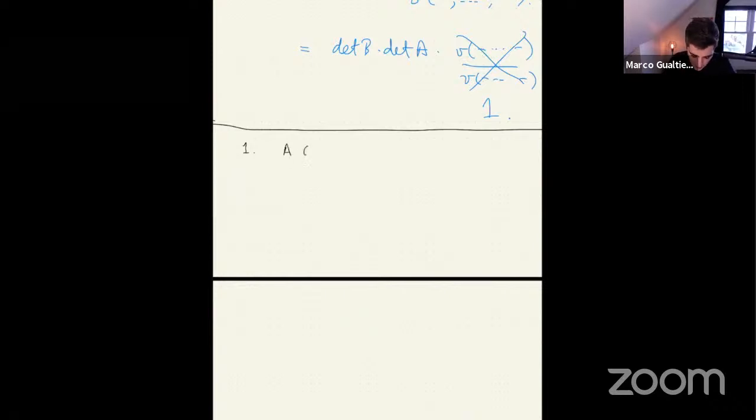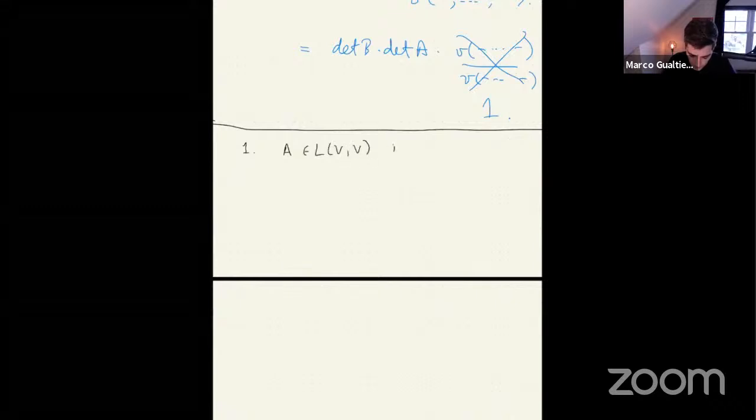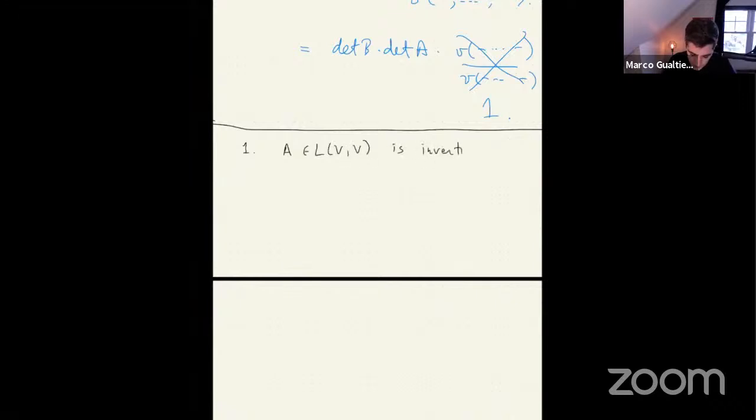So A is invertible if and only if the determinant of A is not equal to 0 in F. So it still plays that role.